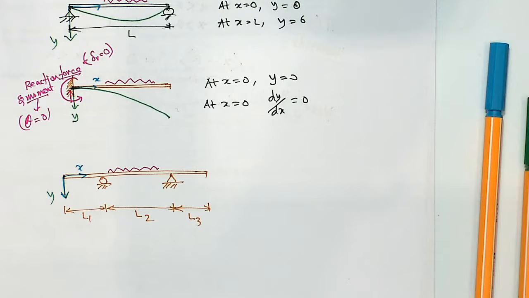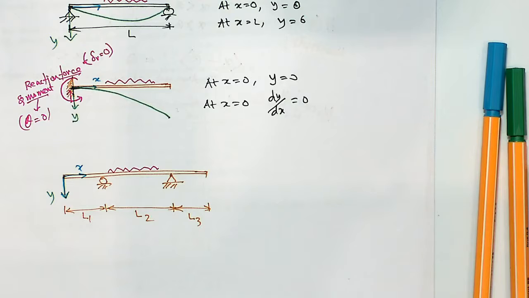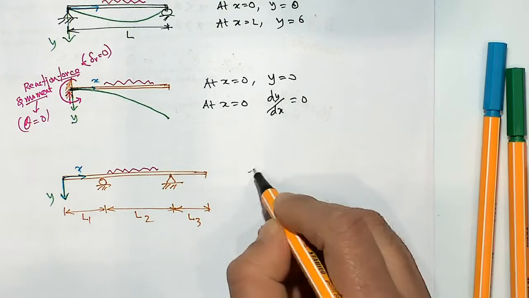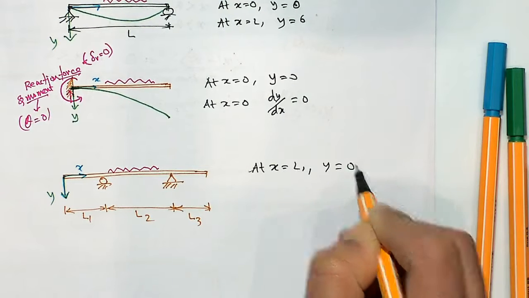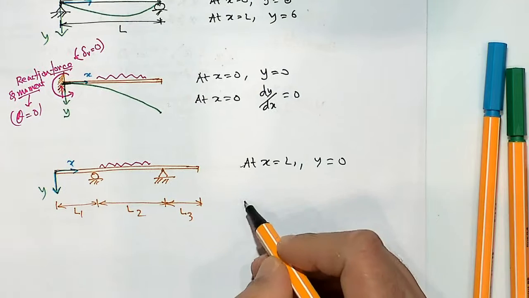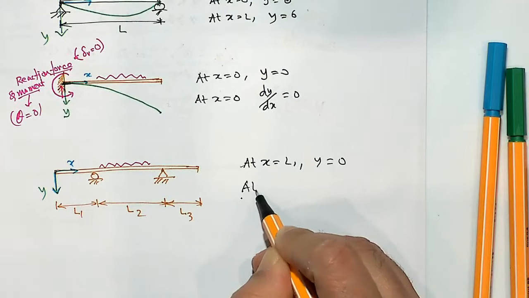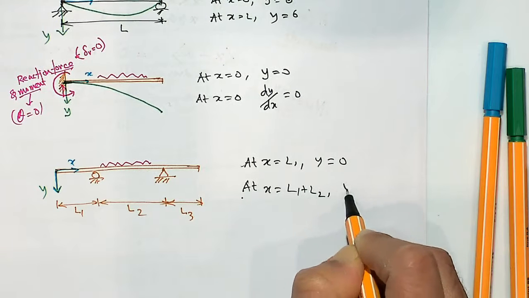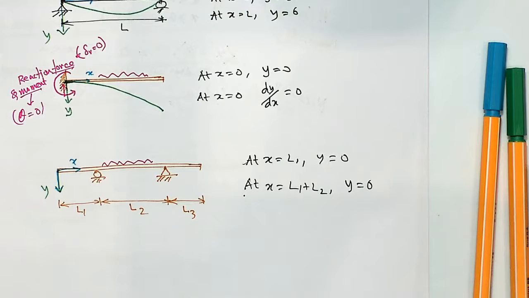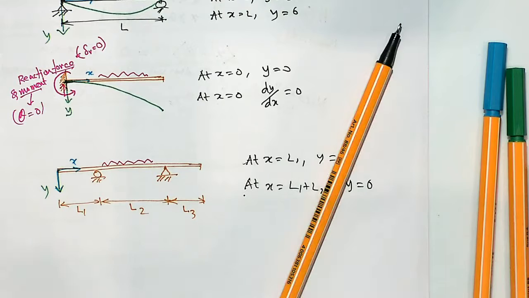Yeah? At x equal to L1, y equal to 0. Very good. And another one? At x equal to L1 plus L2, y equal to 0. So that is absolutely perfect.